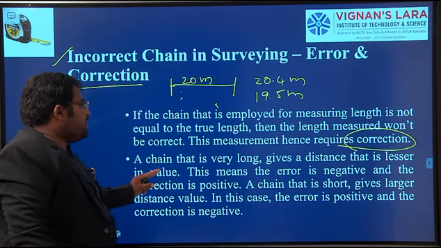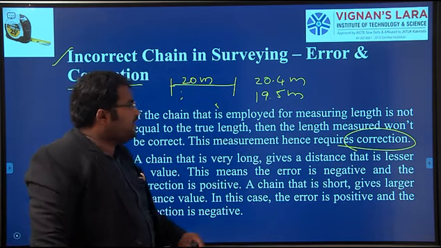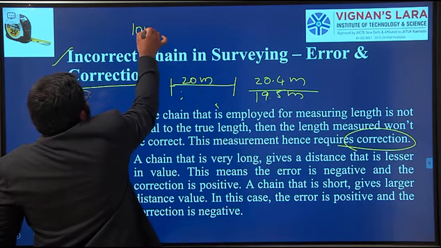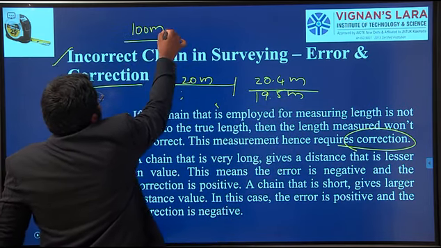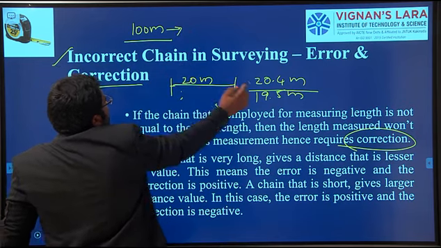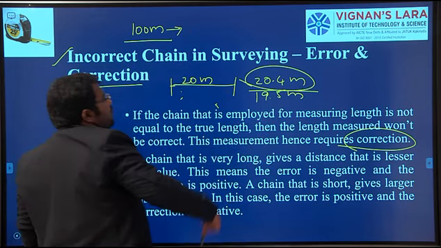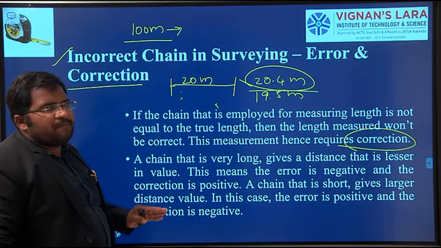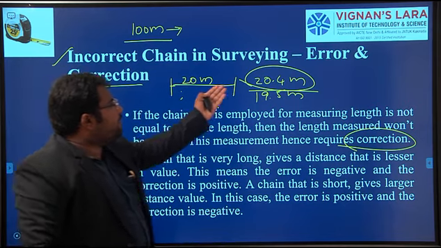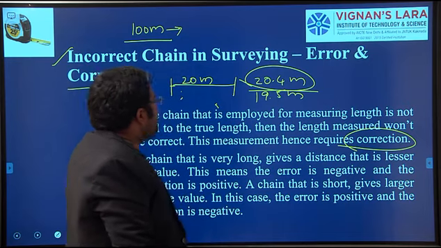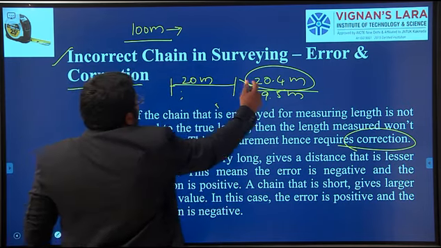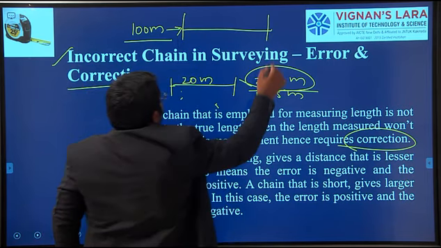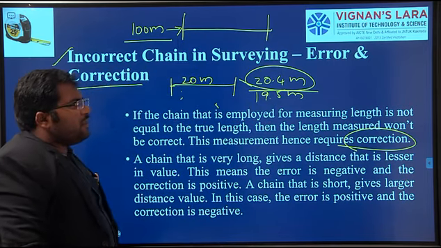Okay, take a chain that is very long. Suppose I am measuring a 100 meters length using a chain of 20.4 meters. I assumed that the chain is 20 meters, but because of the error it became 20.4. If we measure a 100 meters line with this 20.4 meters chain, what is going to happen?